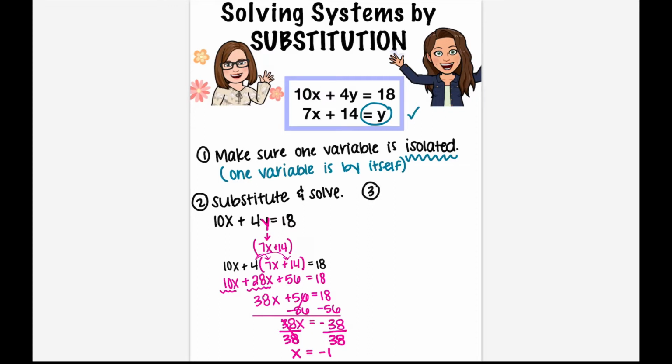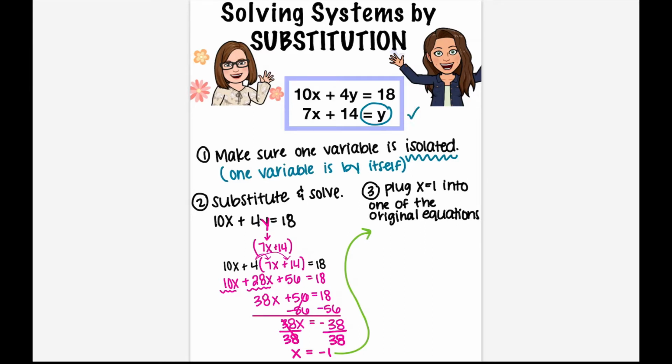The third step in this process is to take that solution, x equals negative 1, and plug it back into one of the original equations. So I'm going to take x equals negative 1 and plug it back into either one of these equations.